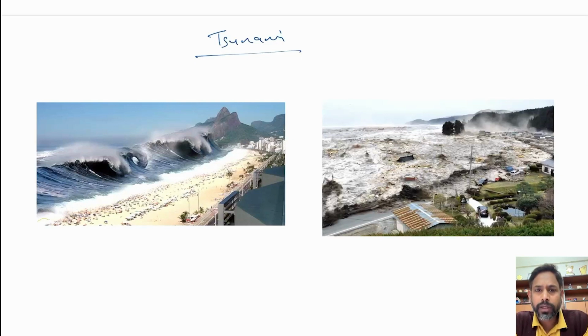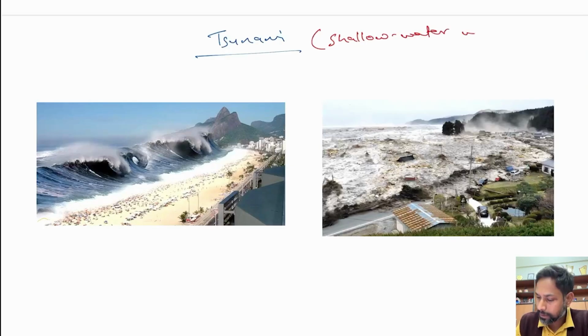And that's why tsunami or these kinds of waves are extremely destructive, because these come under the category of shallow water waves. Okay, because they try to have the same velocity at all points. All right, so these are different types of waves we have seen.